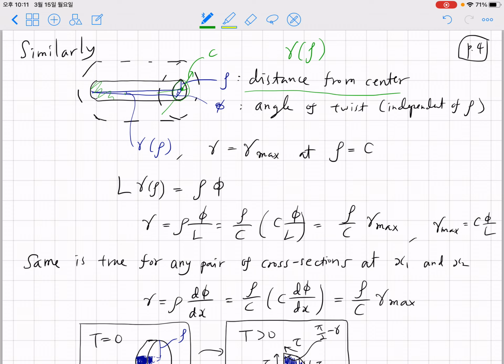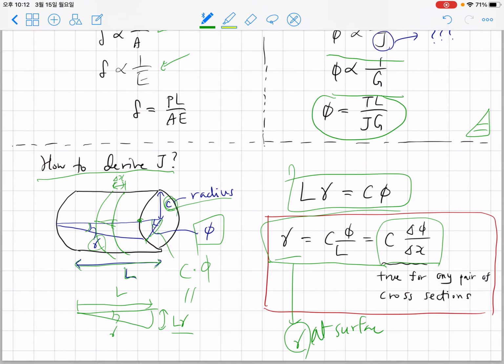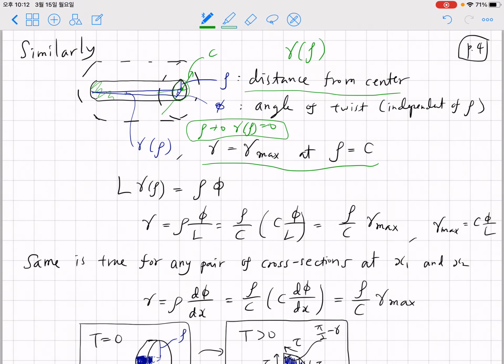When rho goes to 0, gamma of rho will be 0 because we are considering simply a line at the center of the beam. By identifying that shear strain gamma is a function of rho, we can also identify that gamma will be maximum at rho equals C.